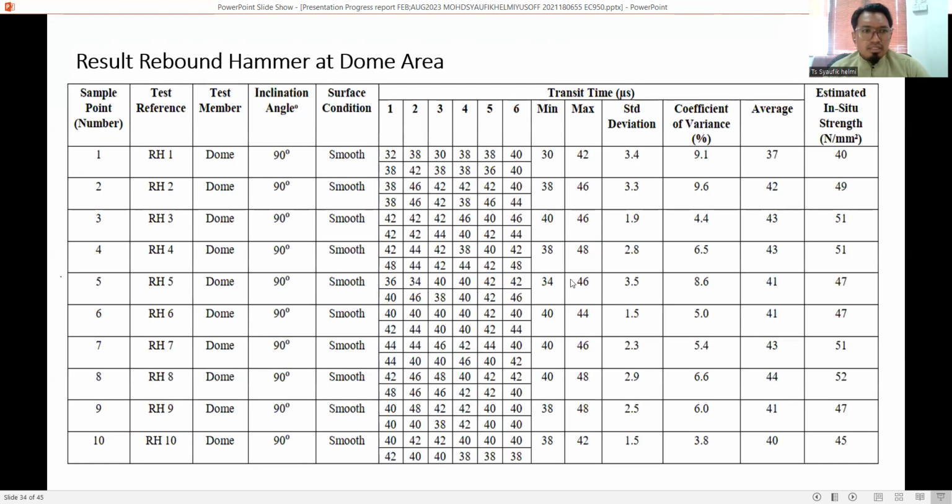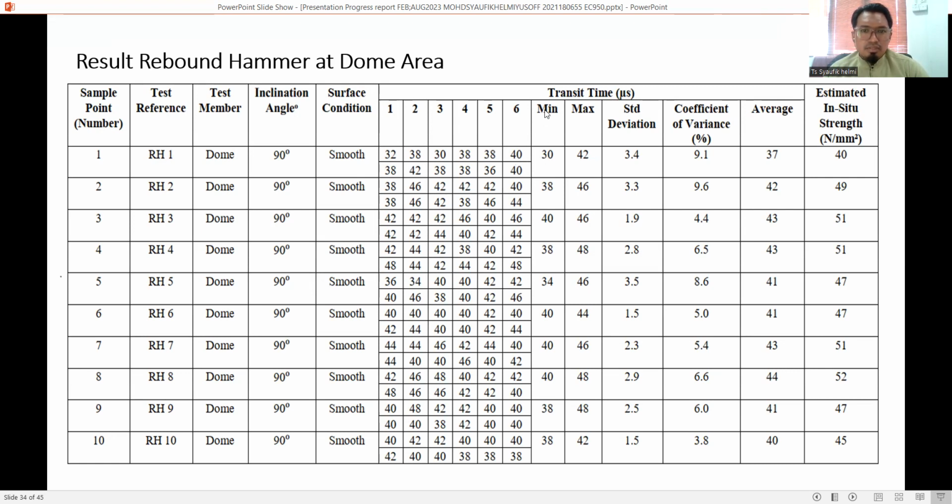All of this we have to put in the table, from rebound hammer RH1 until RH10. One of these rebound hammer test references consists of 12 numbered data collection points.